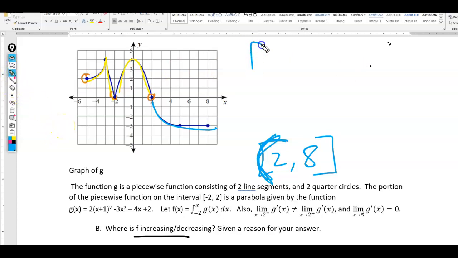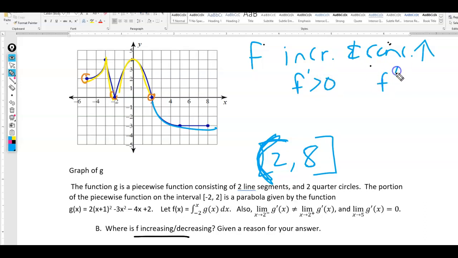If I asked you, where is F increasing and concave up? Well, that means we're looking for a place where F prime is greater than 0 and F double prime is greater than 0. In other words, where G is greater than 0 and where G prime is greater than 0.